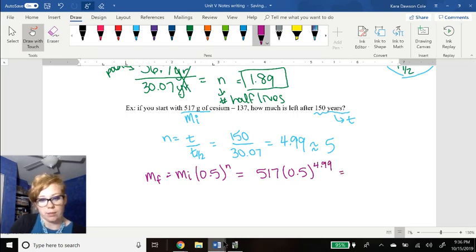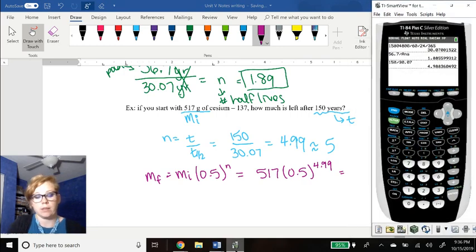So then I go back to my calculator and plug all that in. 517 times 0.5 raised to the 4.99. If you wanted to be really precise, you could just put second answer.